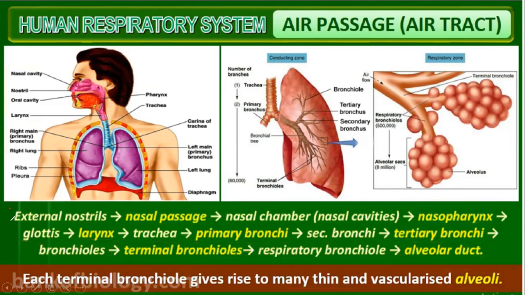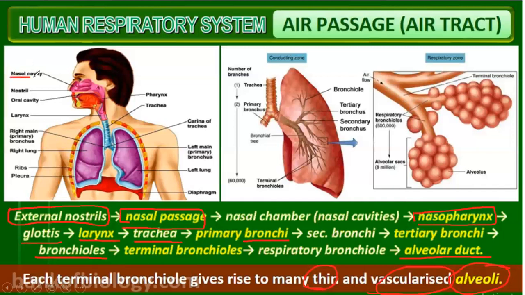You have to study this passage: external nostril, nasal passage, nasopharynx, then glottis, larynx, trachea. You have primary, secondary, tertiary bronchi, then bronchioles. After that you have to study the alveolar duct. All these points are important, and alveoli are very thin and highly vascularized.